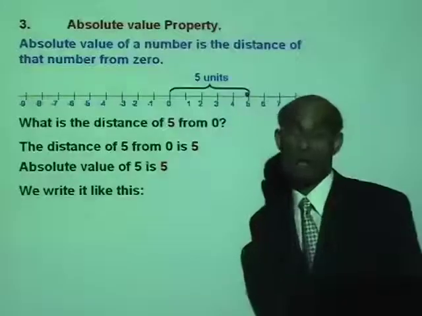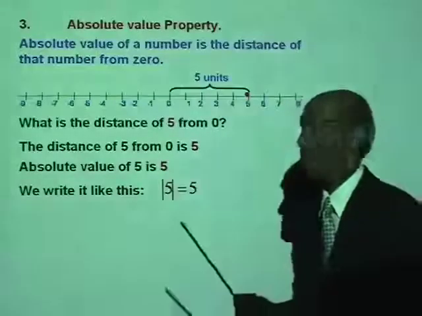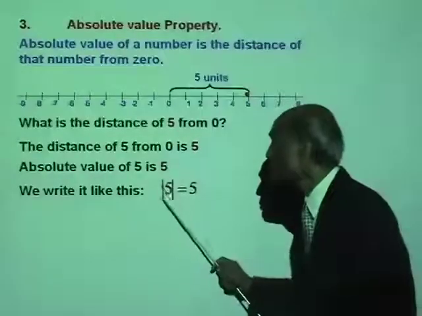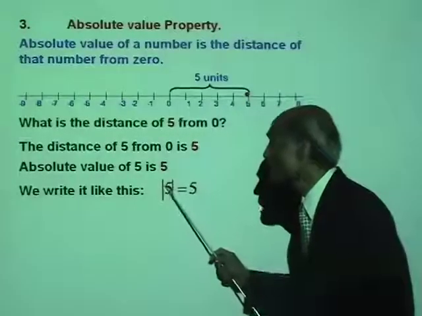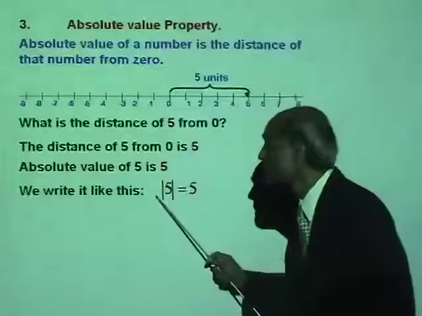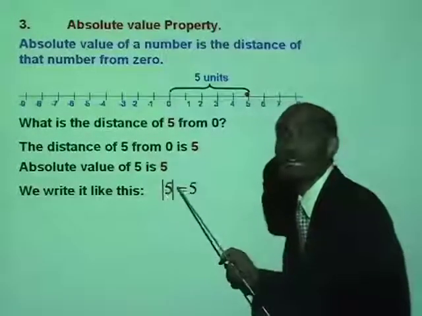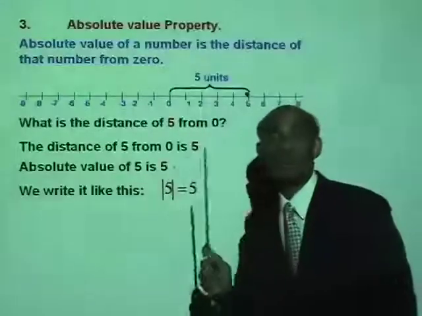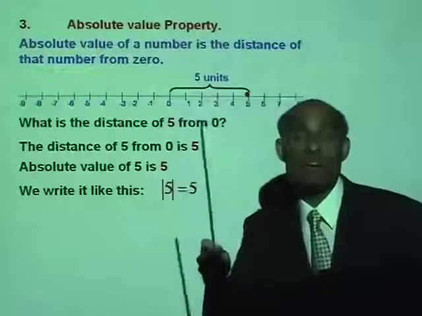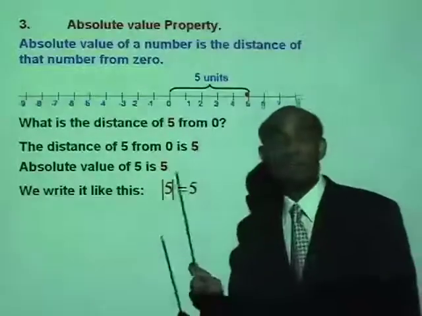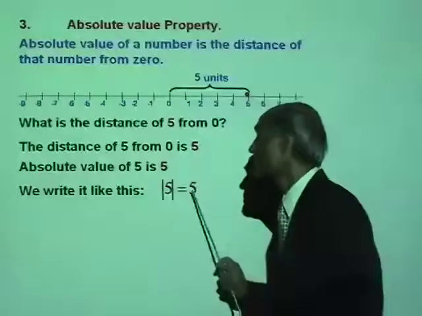I'm sure most of you know how to write the absolute value of a number. We put 2 vertical lines and write the number in between and read it as absolute value of 5 equal to 5. In other words, it tells me that the distance of number 5 from 0 is 5. Absolute value of 5 is 5.